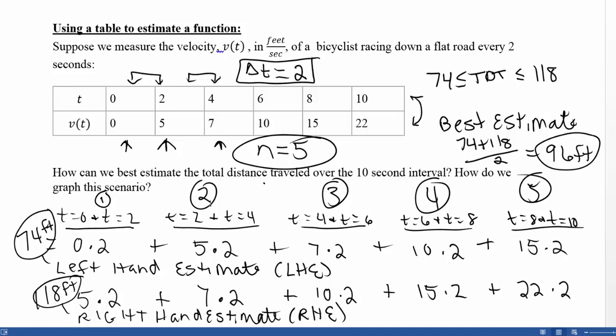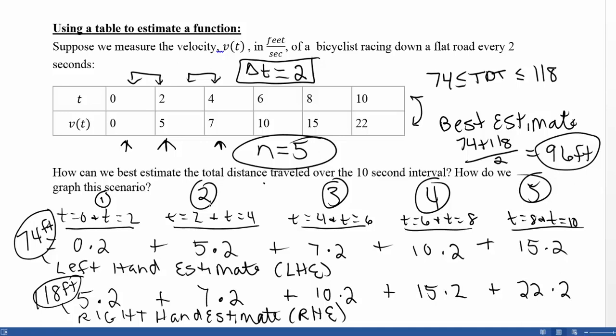Now, you may not have put this all together yet, but we're going to see each of these time intervals represents a rectangle. So when we graph this to look at this situation, we'll be able to see that we used 5 rectangles to approximate the area under the quote unquote curve to approximate the total distance traveled.